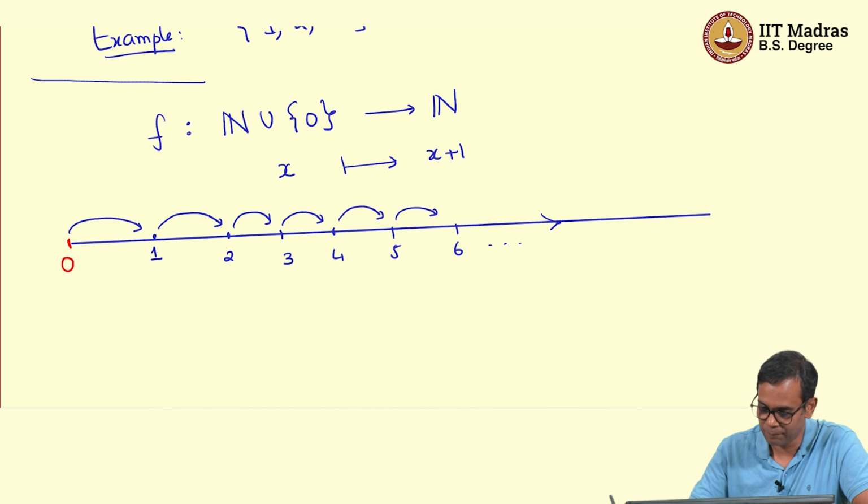But natural numbers union 0 has infinitely many elements, and natural numbers also has infinitely many elements, and in this case it is possible to find a bijection from natural numbers union 0 to natural numbers. There is no paradox here, this is just how infinity works.